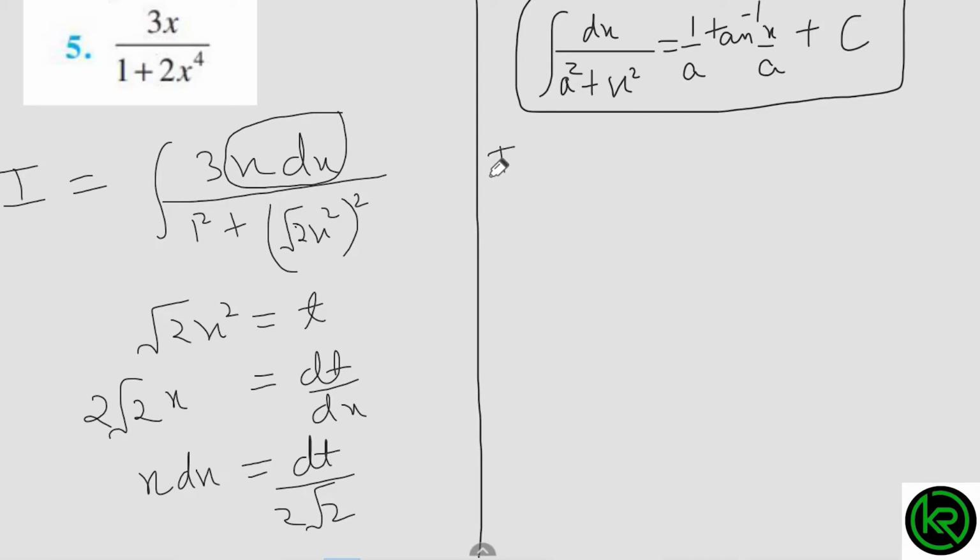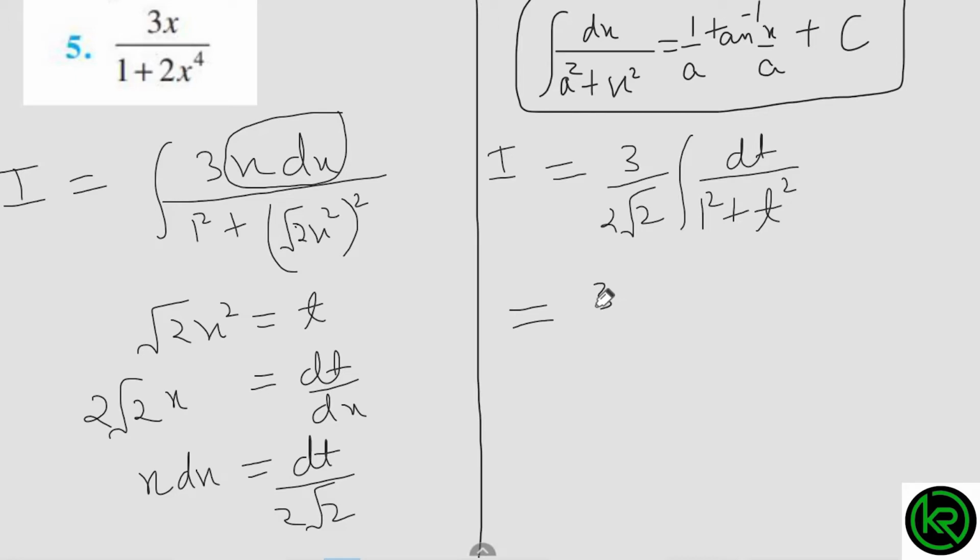So I will become now 3 by 2 root 2, which I have taken outside. We will get dt upon 1 square plus t square. The integration of 1 upon a square plus t square is 1 upon a, and a is 1 here, students, so 1 upon 1 tan inverse t upon 1 plus c.